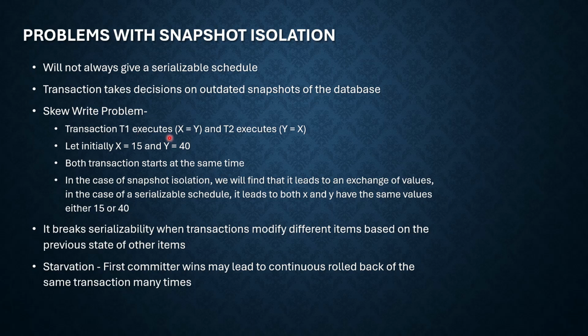Let's say there are two transactions, T1 and T2. T1 tries to execute x equals y, and T2 tries to execute y equals x. Let's say in the database, initially x equals 15 and y equals 40. Both transactions start at the same time. So what will happen in the case of snapshot isolation and a serializable schedule?